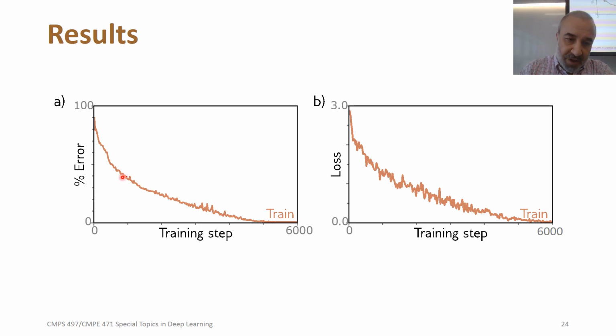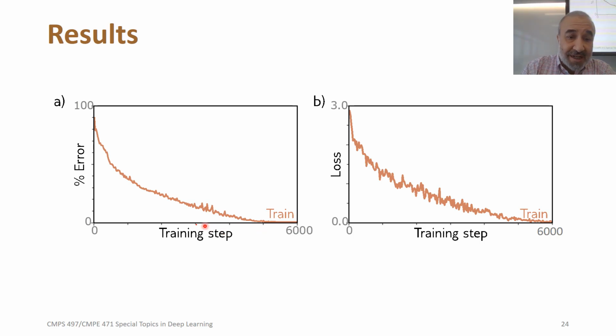Of course, there is some fluctuation, but overall the trend is that we are getting better. Up to this point, what's happening here? Zero error. What does that mean? We are classifying all the training examples perfectly.